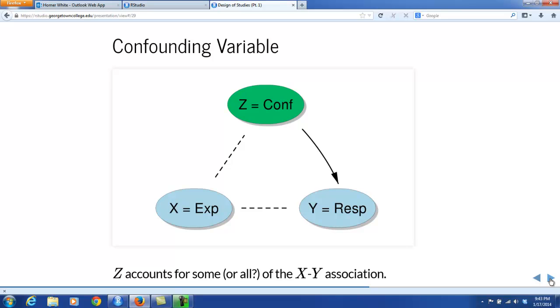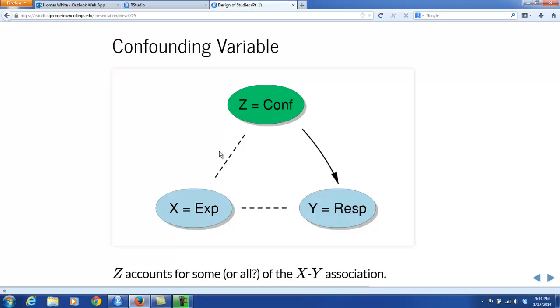Before we leave this diagram, I'd like to point out that in the definition of confounding variable, we said that x and z have to be associated, as represented by this dotted line, but, very carefully I pointed out, that also x must not cause z.